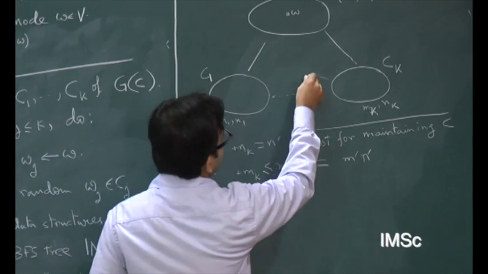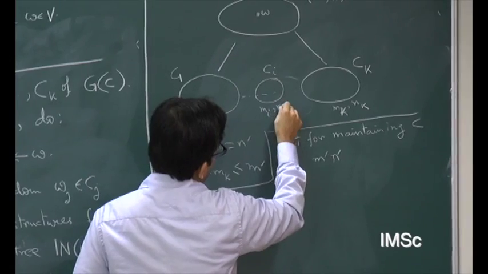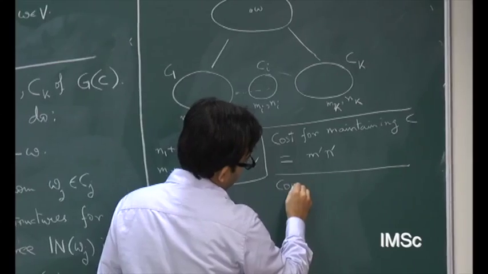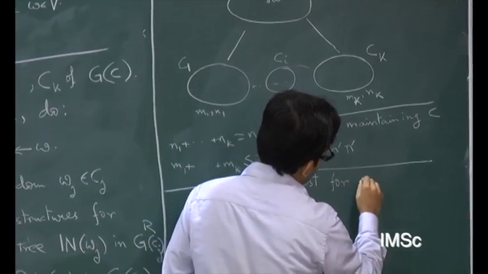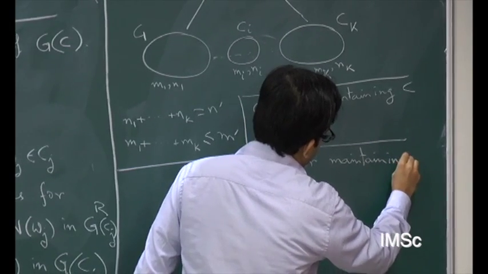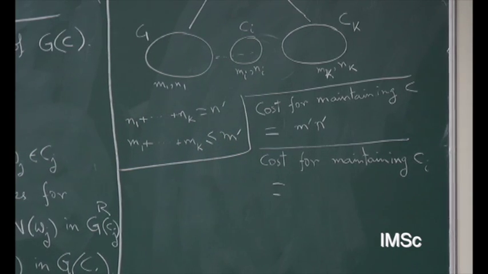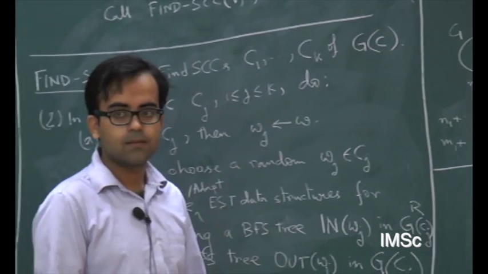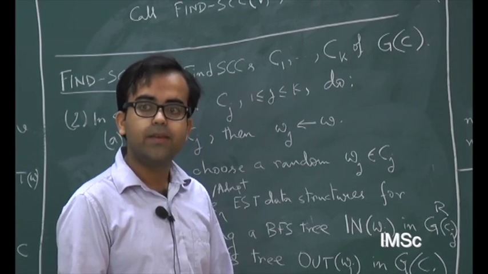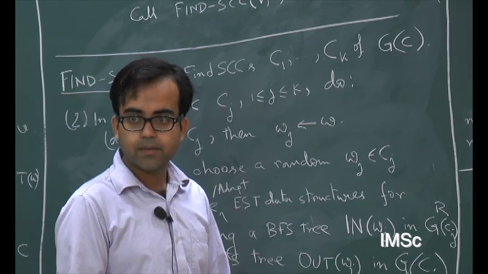Now, let us just look at any component Ci here. Anyone? What will be the answer? Mi Ni is definitely going to be an upper bound, but it can be less than that.